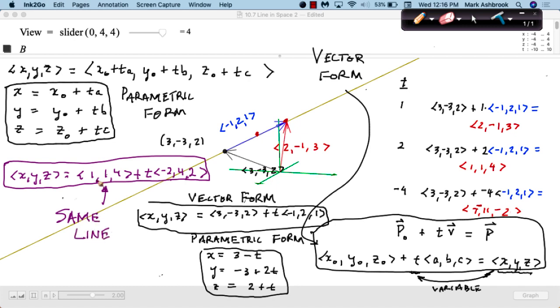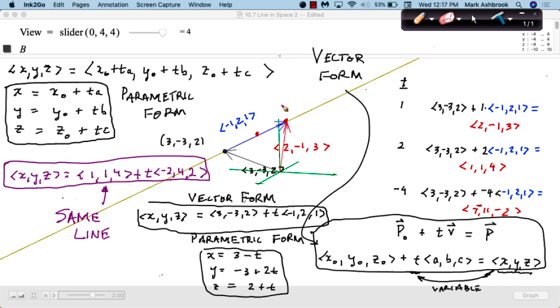Not only can this initial point be any point on your line, but this vector could be any scalar multiple of the original direction vector. Choose any point on this line and any scalar multiple of our original direction vector, and you get the same set of points, just for different t.